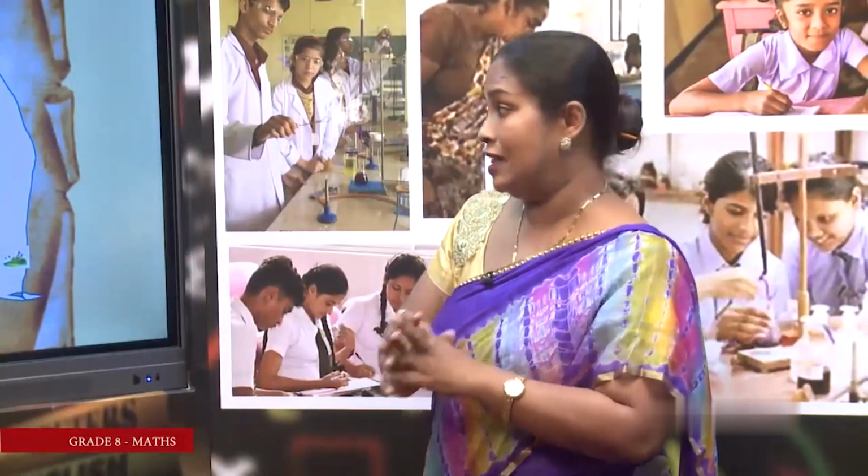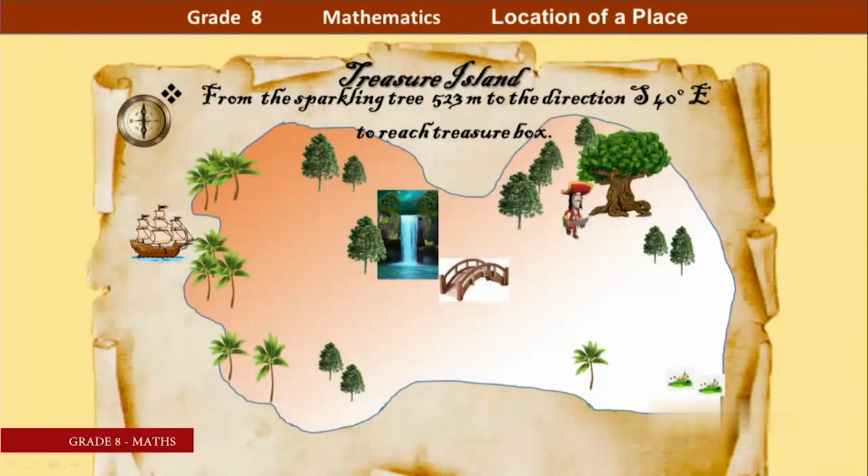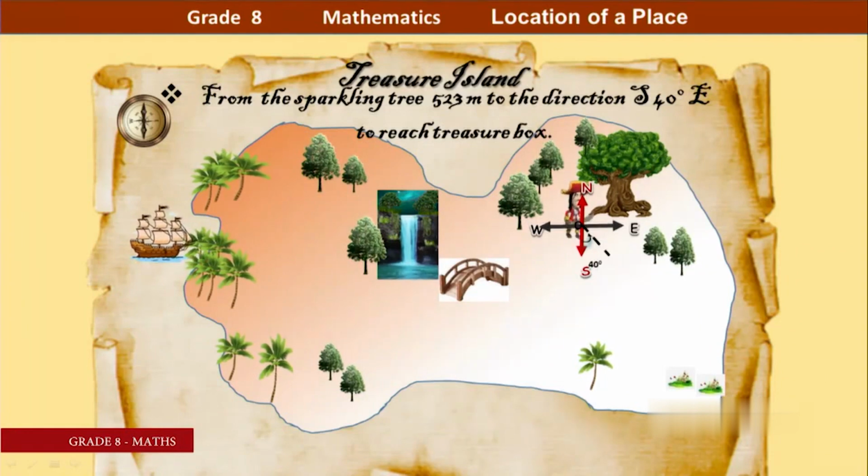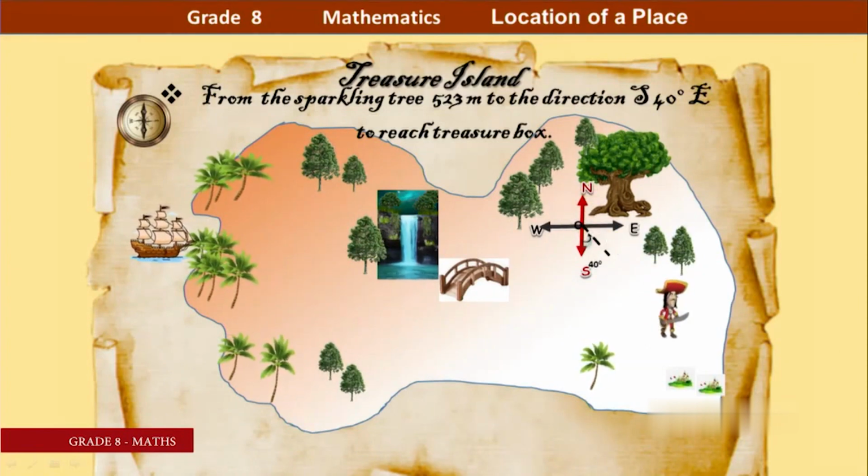Yes, we will see that. Okay, this is the angle 40 degrees from south to east. He should go 523 meters. Oh, we'll see. Oh, he found the treasure.